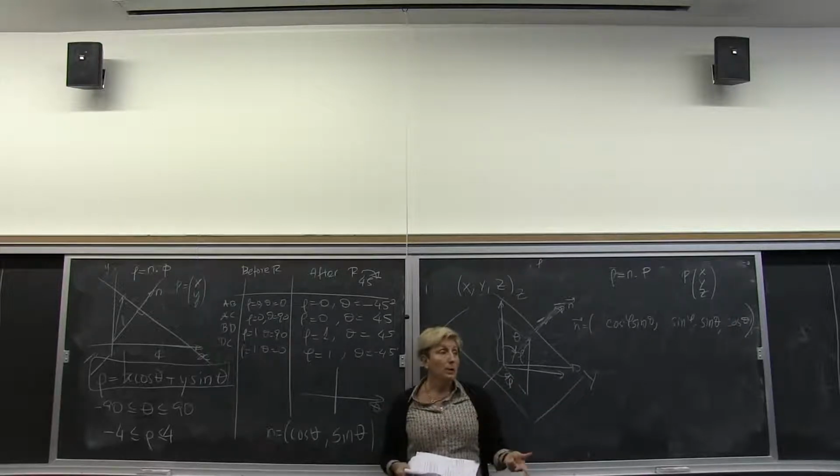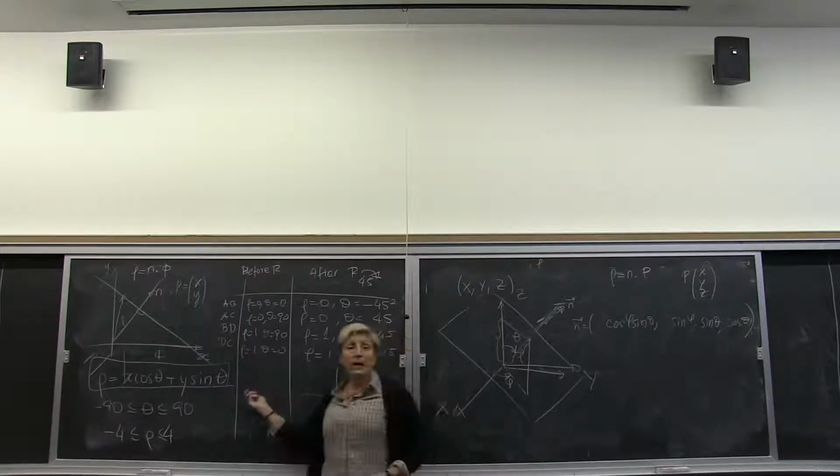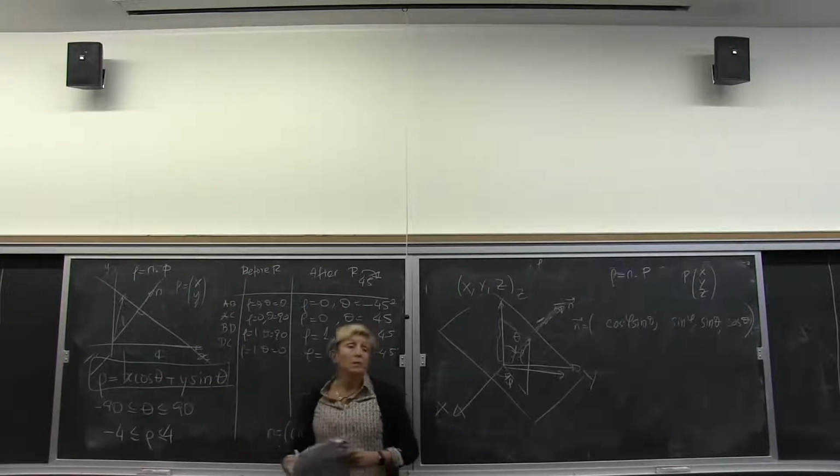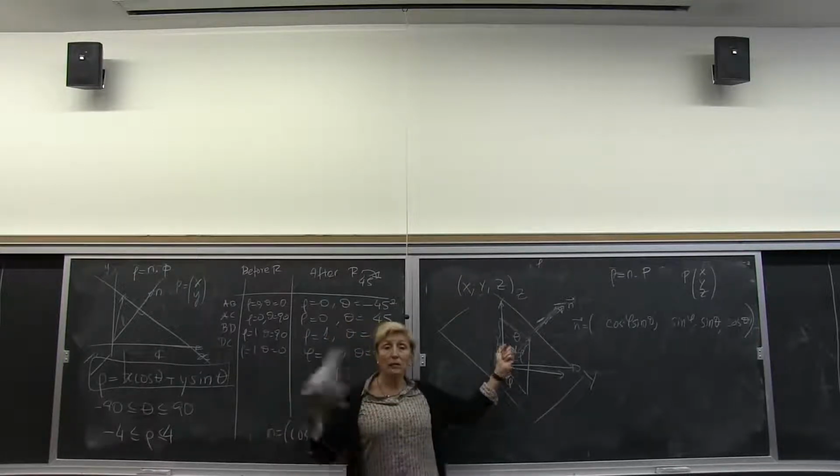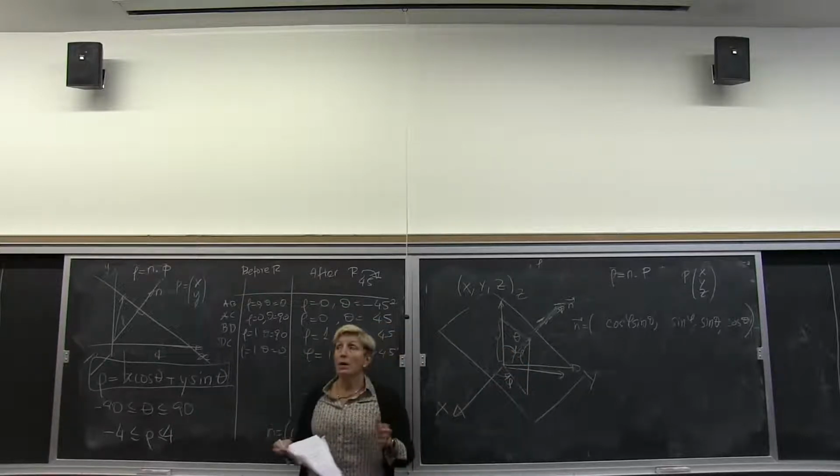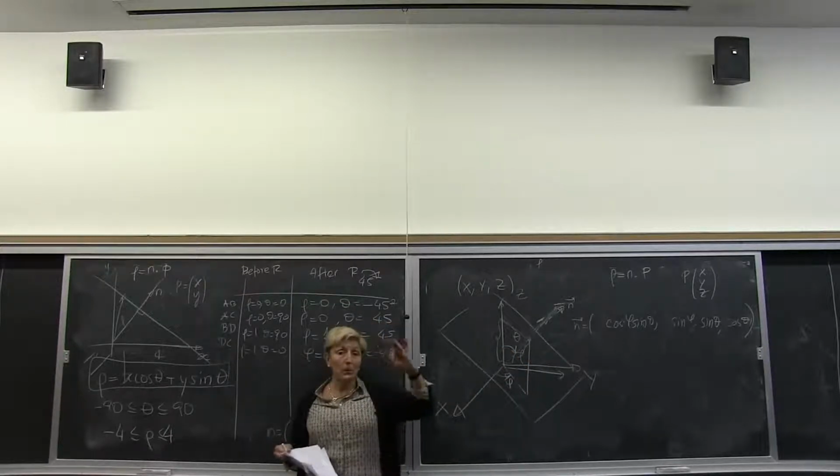How do I find the planes? How did I find lines here? The brightest point, right? I look for the place I have most votes. Same thing here. I just scan my cube now, and I'm looking for the cell that has the most votes.